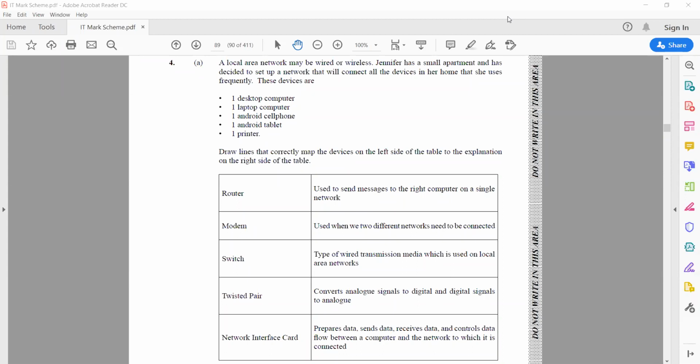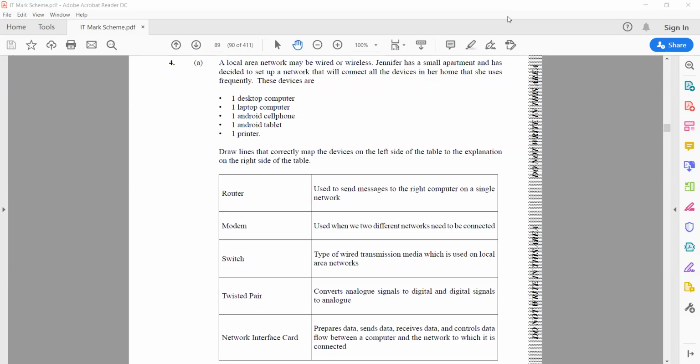The switch, as you mentioned before, is used to send messages to the right computer on a single network. Generally, a switch will connect computers in one network or provide communication between devices on one network. Twisted pair, as we mentioned, is the type of wire transmission media used on local area networks.